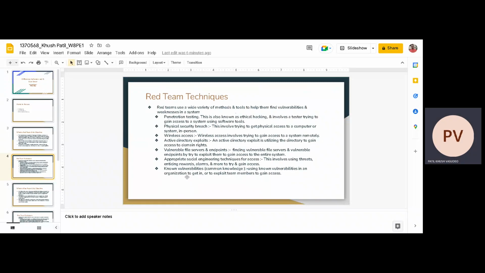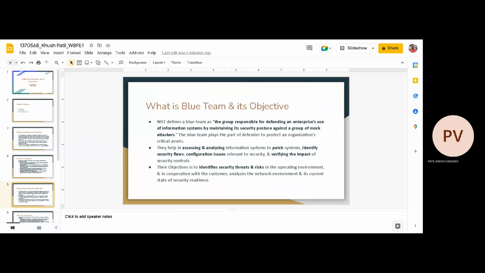Known vulnerabilities are the vulnerabilities which we know are present in the organization. The people know that, and then we try to get in and exploit them to gain access. This is what our red team does.